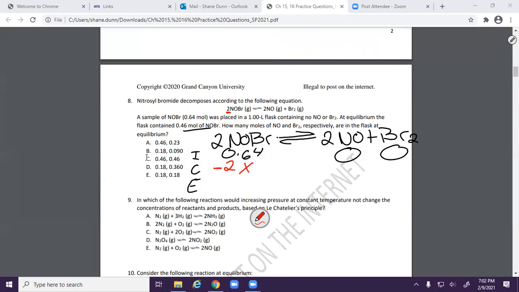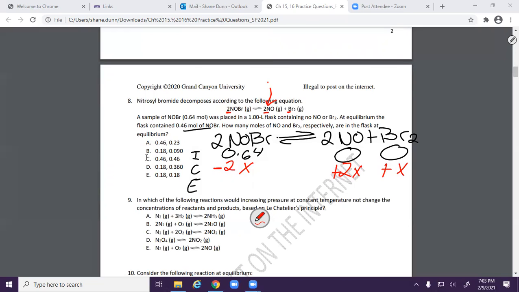It's an x value then. Good. For products, positive or negative? Products are positive. Good. Do we have numbers right here? Yes or no? 2 plus 2x plus x. That 2 is very important, right? Because you're going to be making twice the amount of the other one you're making. Good.